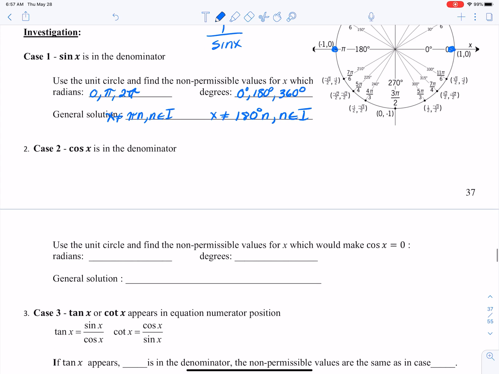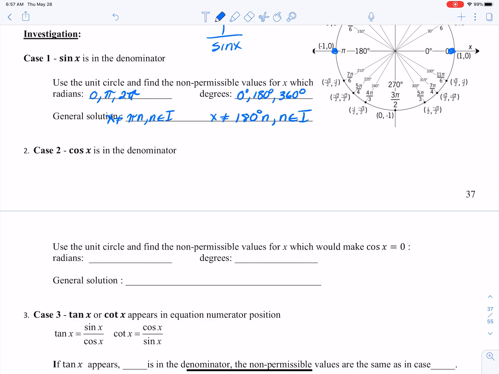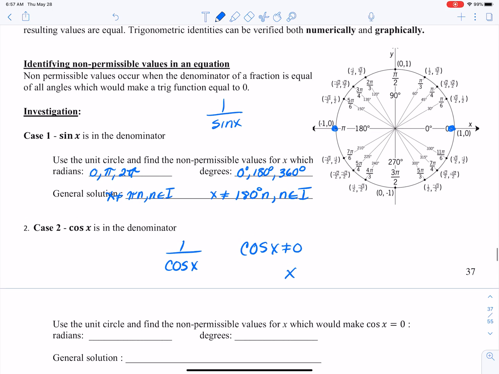Now what happens if cos is in the denominator? Well, if cos is in the denominator, we know that cos x cannot equal 0. So where would cos x equal 0 on the unit circle? Well, we know that cos is equal to the x-coordinate on the unit circle. So that would be here, and that would be here.